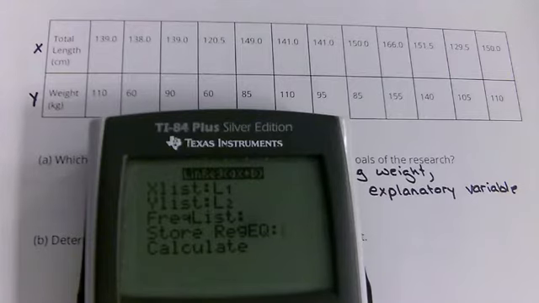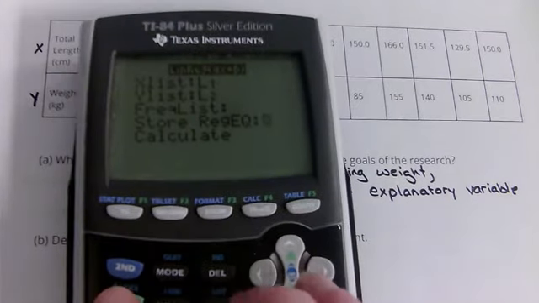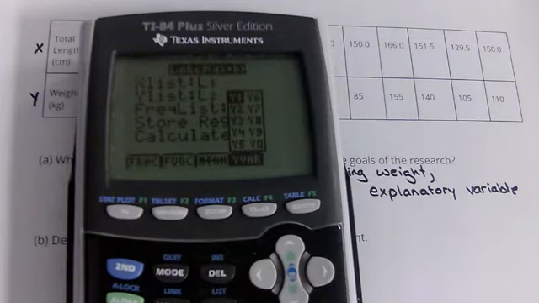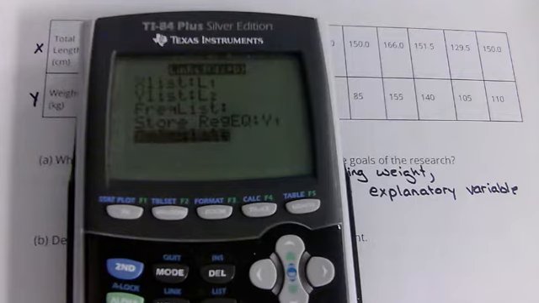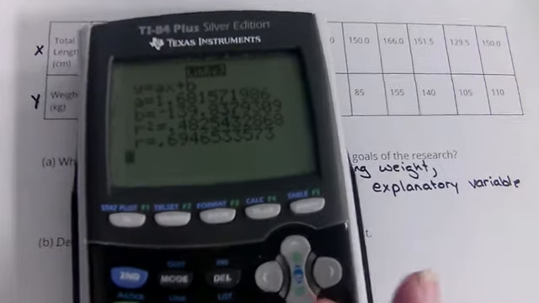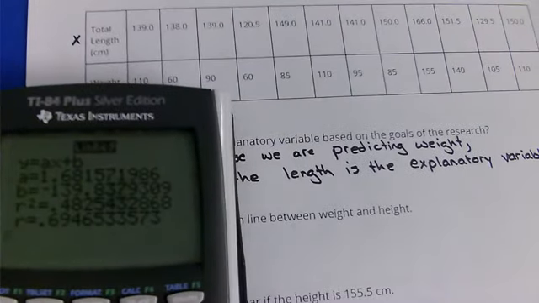So to store the equation, I want to put it in Y1. If you press alpha and then F4, that pulls up my Y variables and I can put it in Y1. So it's going to store the equation there. If I go back to the graph, which I will do in a minute, it'll have that line already there. So I'm going to go ahead and write down the equation.